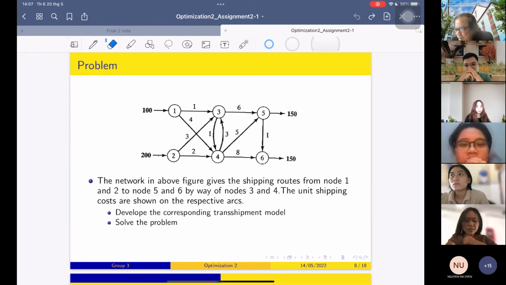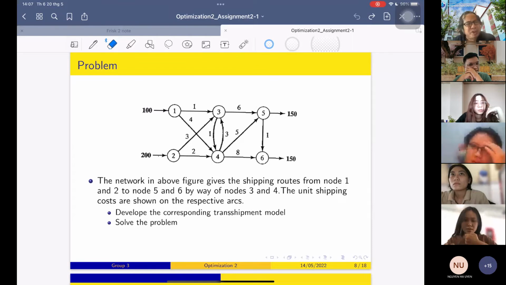No, you say that is not correct. To solve the problem, we find the optimal solution. Optimal solution means what? What solution? So that solution that will cost the least for all the transportation, and the transshipment problem is an extended version of the transportation with the transshipment node.